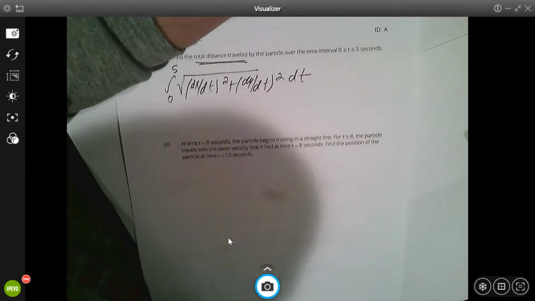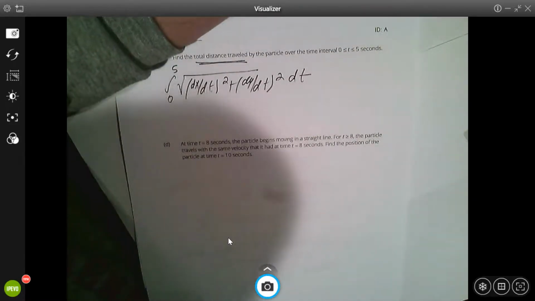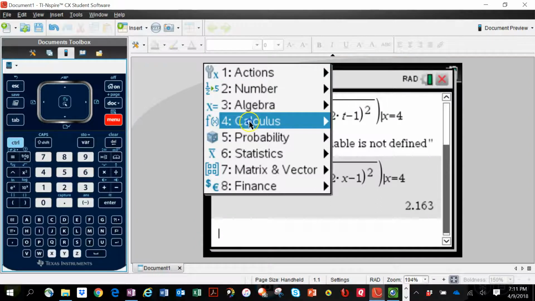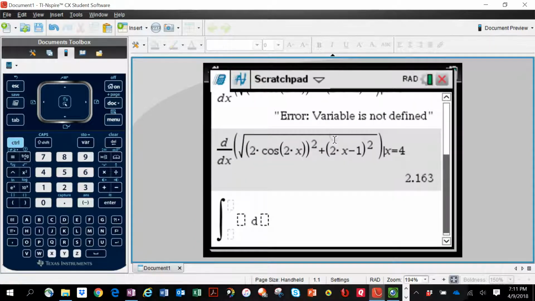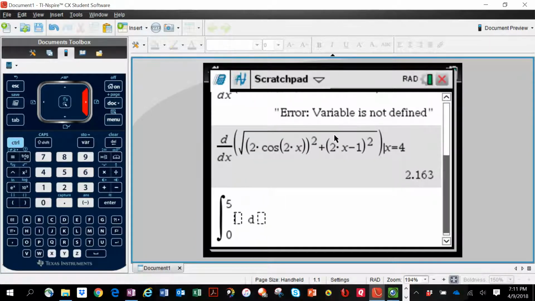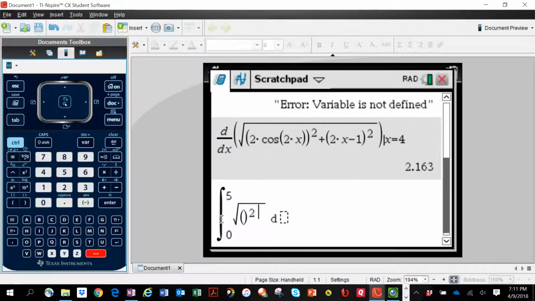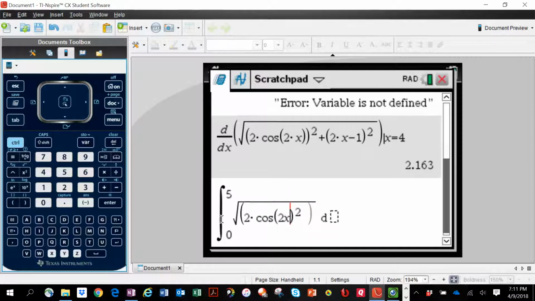All right, so let's do it. And you can do this a whole lot of different ways. So let's go to menu. I'm going to go to calculus, numerical integral. We're going to integrate from 0 to 5. We are integrating the square root of the derivative of the x-coordinate squared. So that was 2 times cosine 2x.